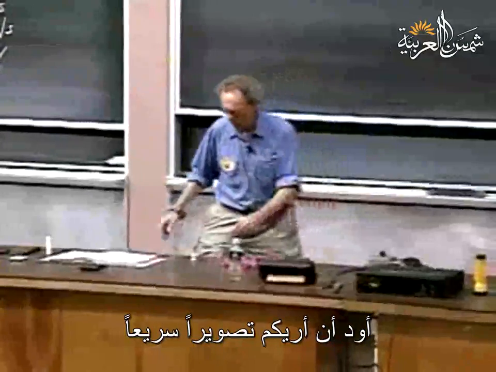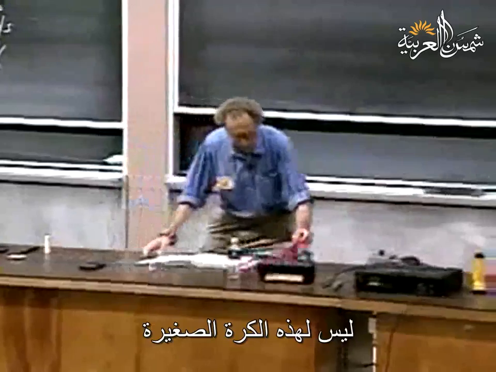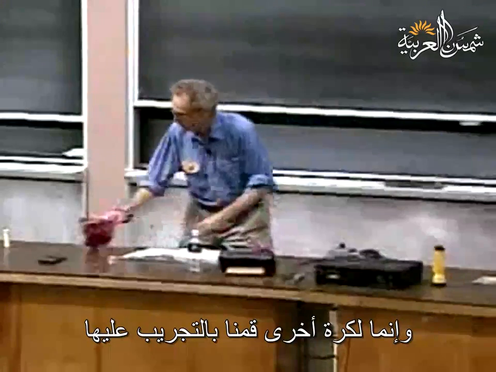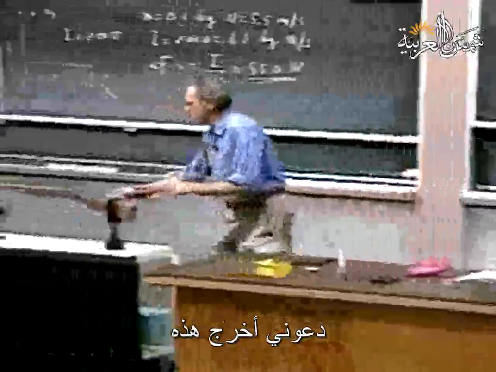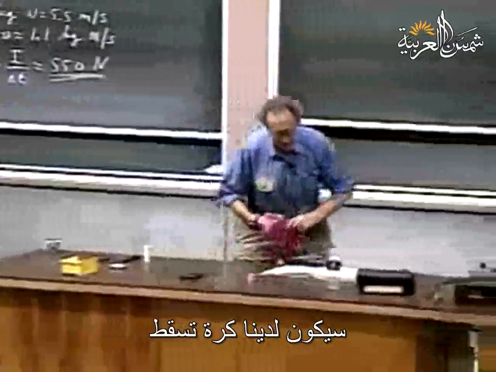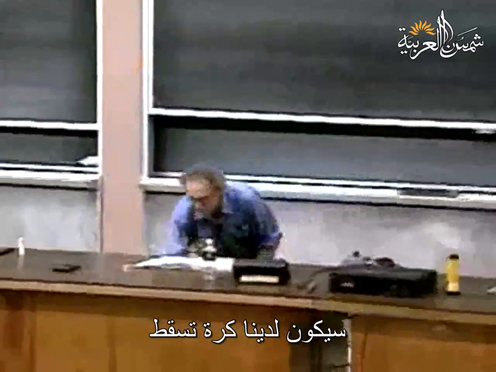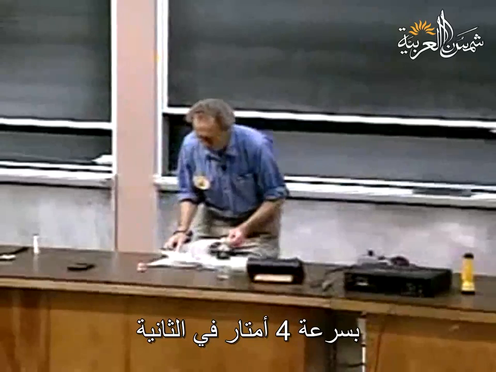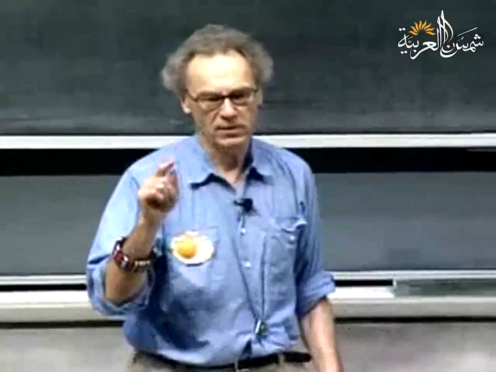I'd like to show you fast photography on not this very same ball, but on another one that we did. Let me take this out. That is a ball that comes down with a speed of 4 meters per second. Each frame is 1 millisecond.